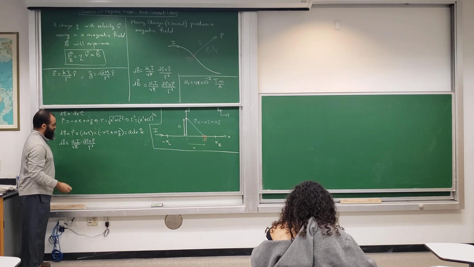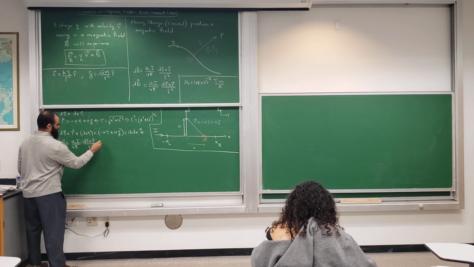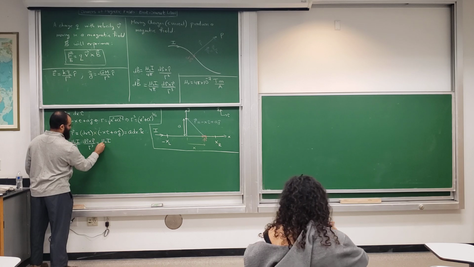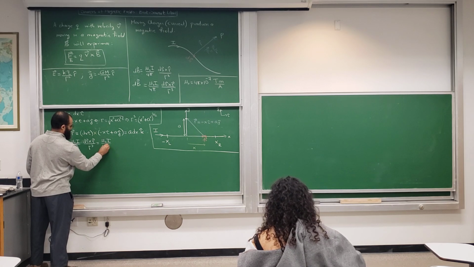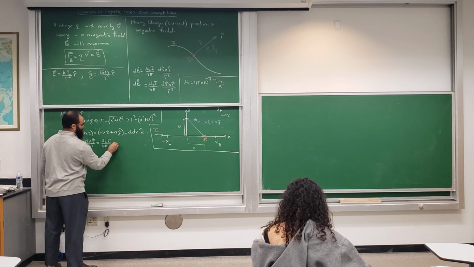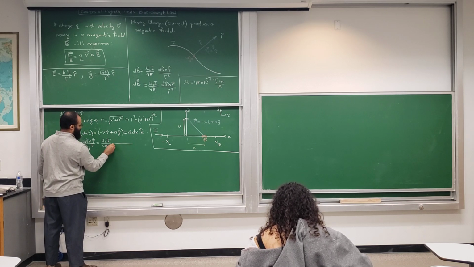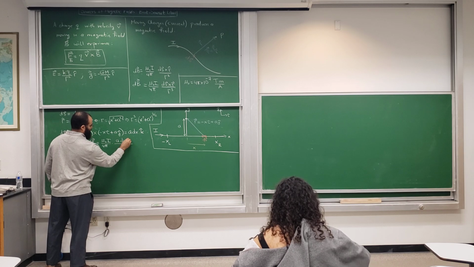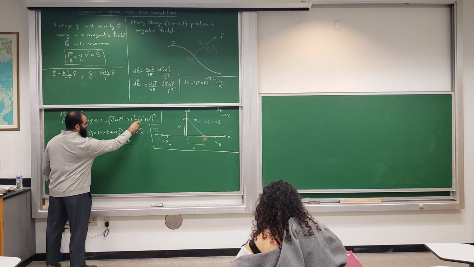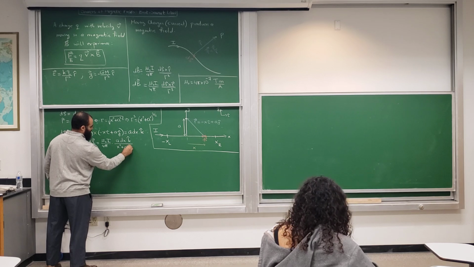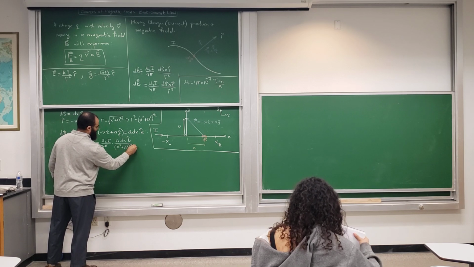That's why I use this one. So I get mu naught I over 4 pi, and then I have a dx k hat over x squared plus a squared to the 3/2 power.